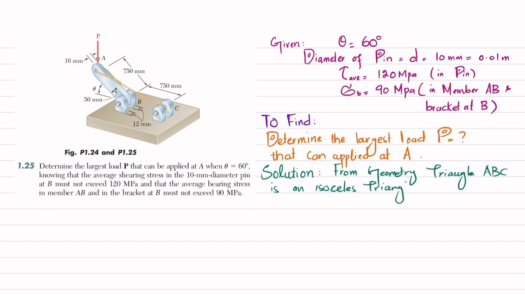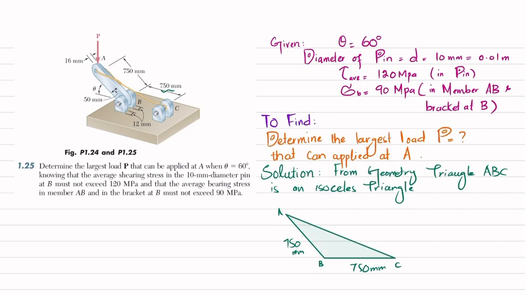I will also write this length BC is 750 millimeter. This is point B, this is point C, 750 millimeter. And this length AB is again 750 millimeter. This is point A, and this is the rope AC.